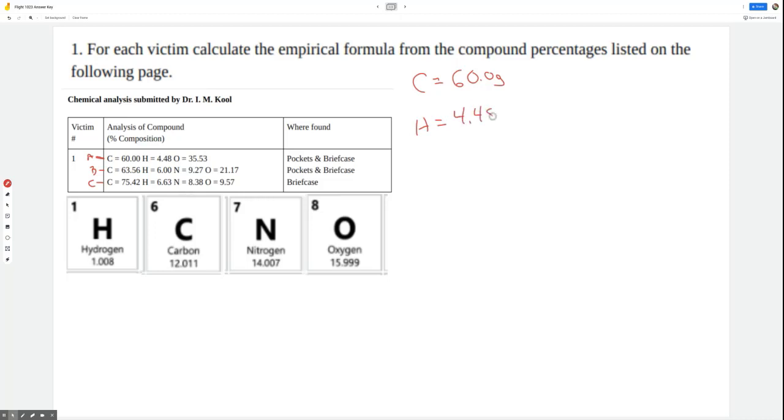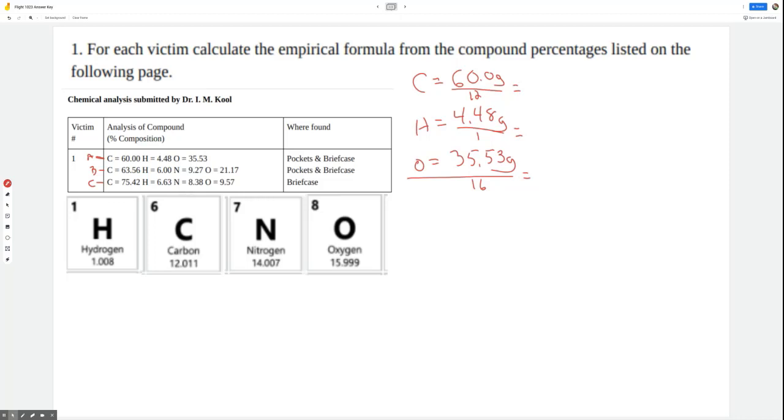So that's going to be 4.48 grams of hydrogen. And 35.53% oxygen, which again we're going to convert to grams. Then we're going to divide each of these numbers by its molar mass. Carbon has a molar mass of 12, hydrogen has a molar mass of 1, oxygen has a molar mass of 16.